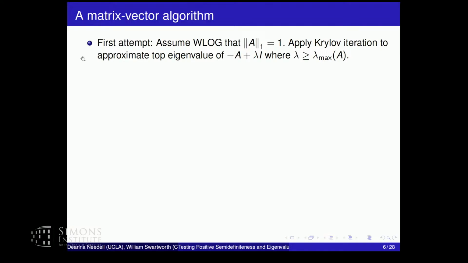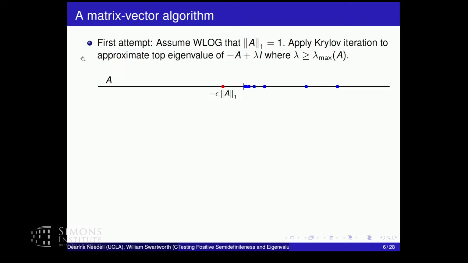Here's what we're going to do. We're going to use what's called the Krylov iteration to approximate the top eigenvalue, not of the original matrix A, but of an appropriately scaled and shifted matrix. So let me say what happens here. Here's your matrix A in pictures. This is the spectrum.